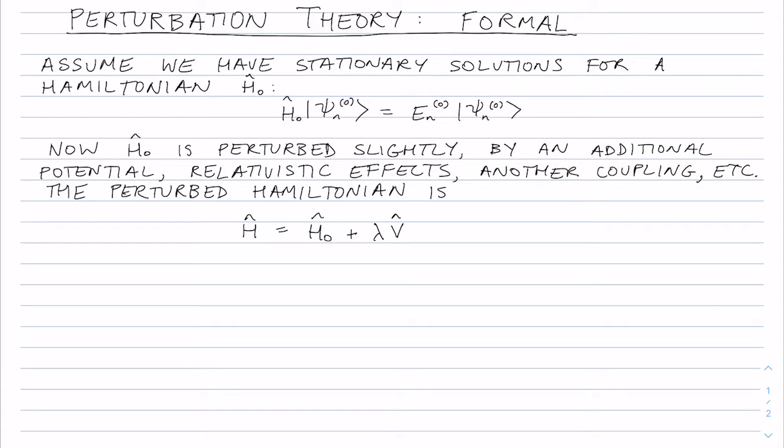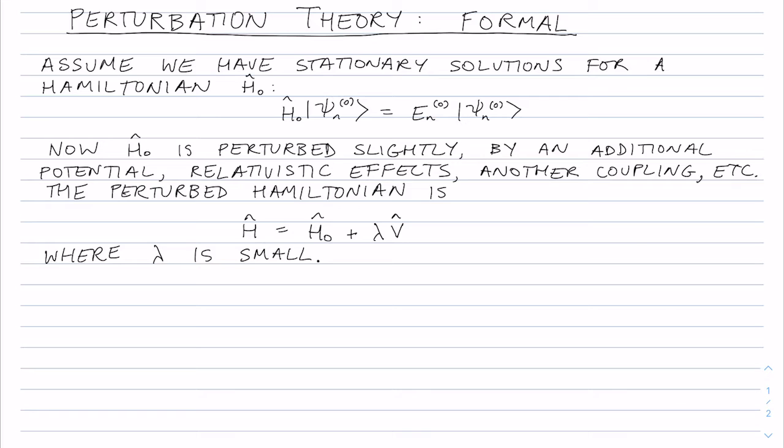The lambda here is a small parameter, and we're going to keep that one here just so that we can keep track of it; it's going to become a measure of the smallness. But of course, sometimes the lambda will be absorbed into the perturbation V itself. And we'll see examples of all of that as we go. So if you want to go ahead and have a look at the examples first and then come back to this formal video, that's quite reasonable.